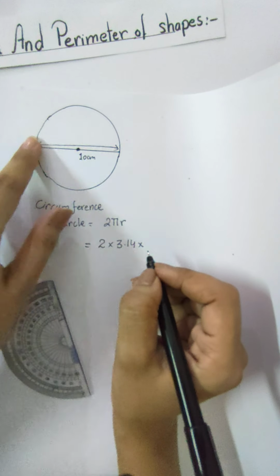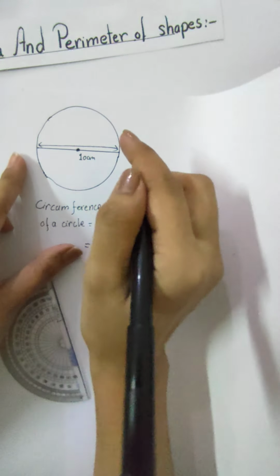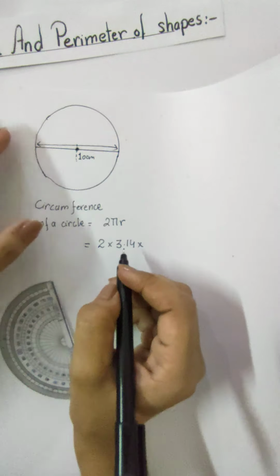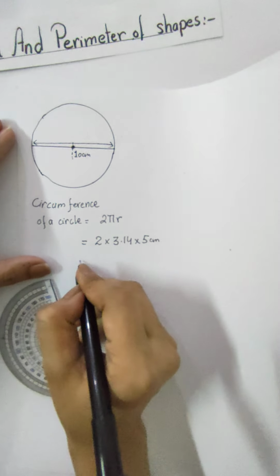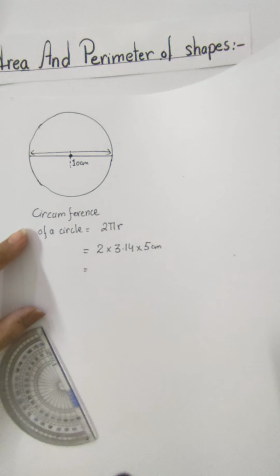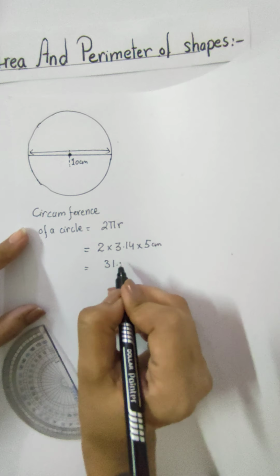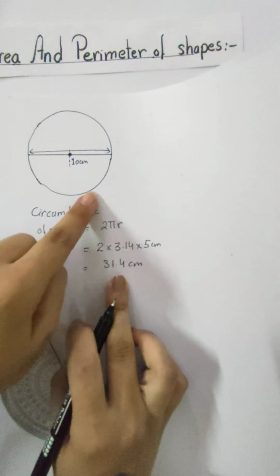This complete line, 10 centimeter, is the diameter, and the half of this line, which is 5 centimeter, is the radius. Now we will put the values and get the answer. When we multiply, we will get the answer 31.4 centimeter. This is the circumference of a complete circle.